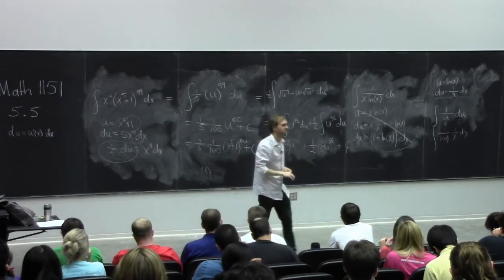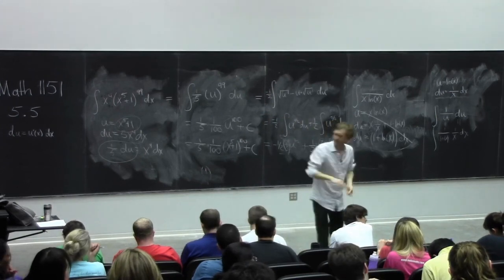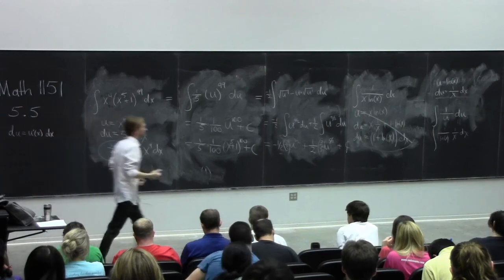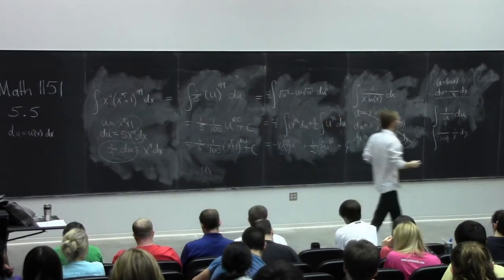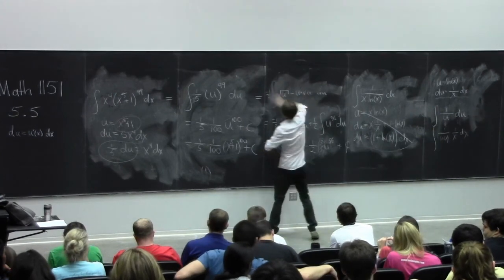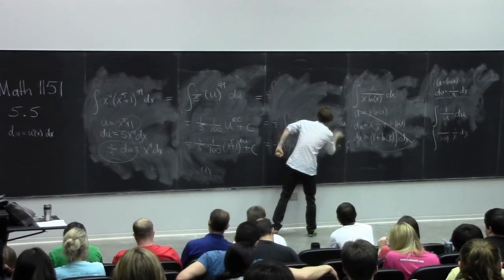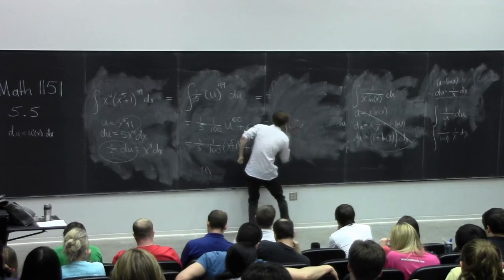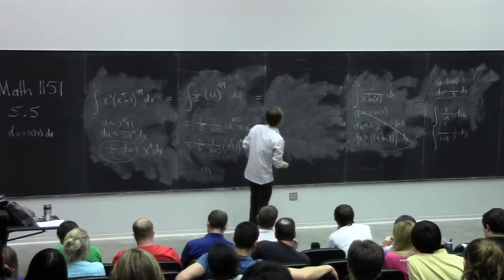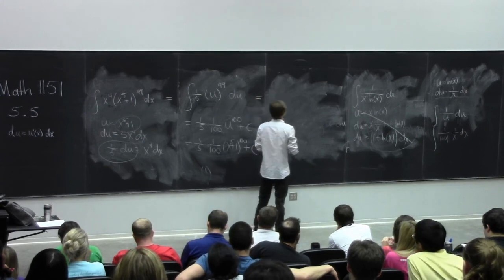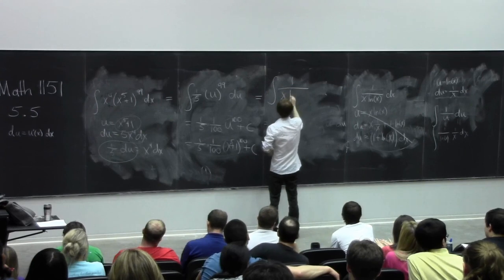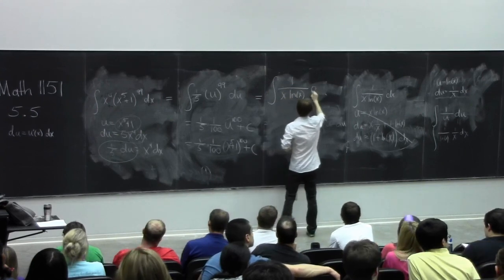Yeah, what's up? Ask a question. Yeah, of course. Let me try to do a better job than I did last time. I'm just going to explain it one more time. We have the integral of 1 over x natural log of x dx.